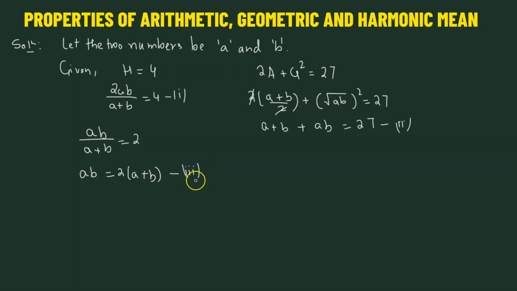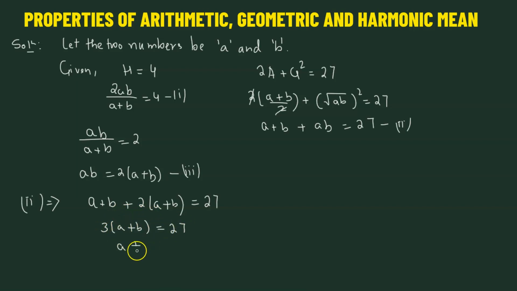Now we'll substitute 3 in 2, such that equation number 2 is going to become A plus B plus, here we have AB, but we'll replace the value of AB with 2 times (A plus B). That will be equal to 27. So A plus B added to 2 times (A plus B) is simply 3 times (A plus B) equals 27.